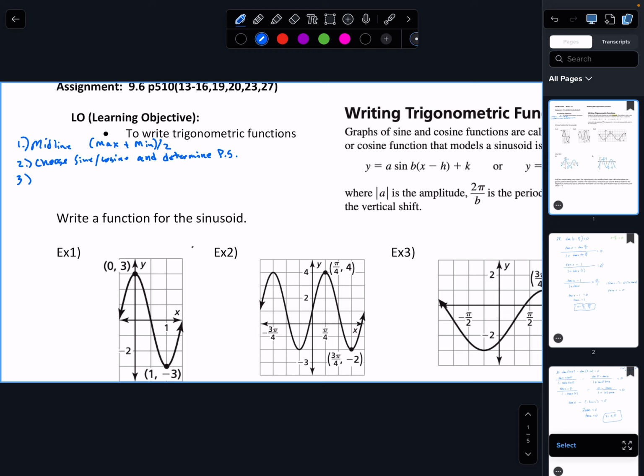And the third is to find the amplitude. And amplitude is max minus the min divided by 2. And that, when you do max minus min divided by 2, it always comes out positive. And so then you have to decide if A is positive or if A is negative. Because when you put an equation, it's not always necessarily positive.